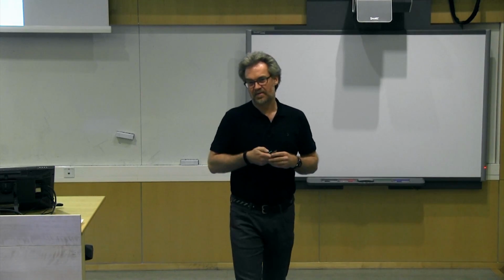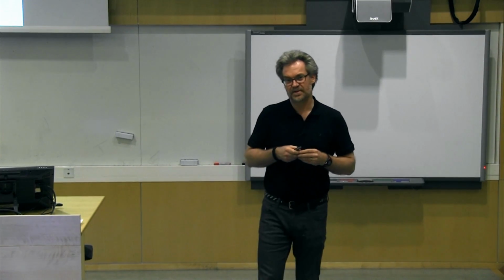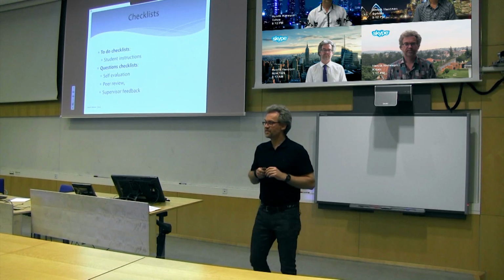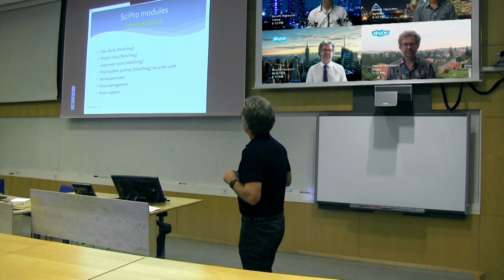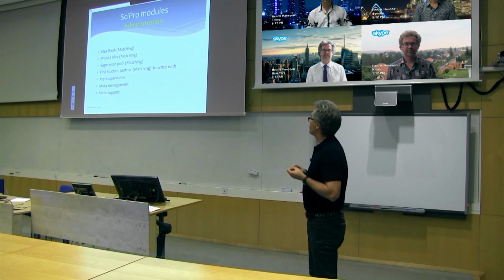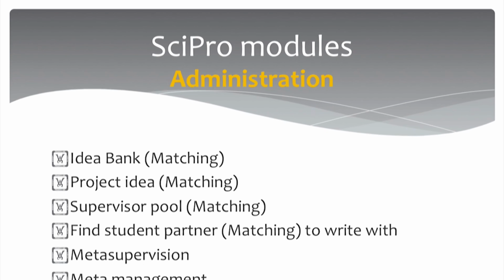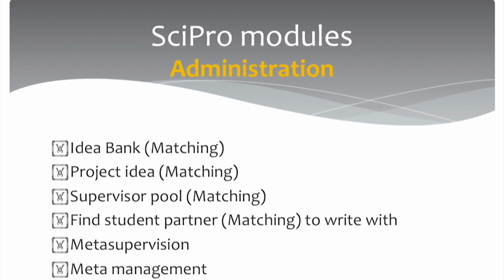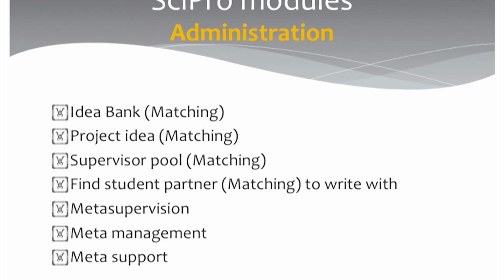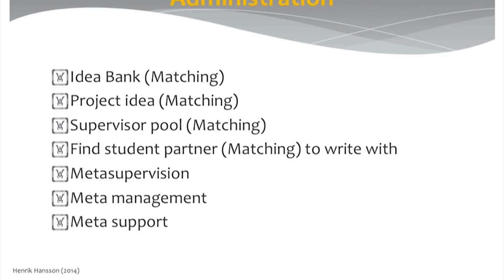I think it's time to summarize. I don't have time to go into detail how to operate the system as such. There are many video tutorials for each feature in SciPro. But let's have a look. Some of the modules for administration: I've already spent a lot of time talking about the idea bank and the matching of students and supervisors and finding a partner, the way we use what I can call meta supervision by using checklists for everybody, by using the same information and resources for everybody.